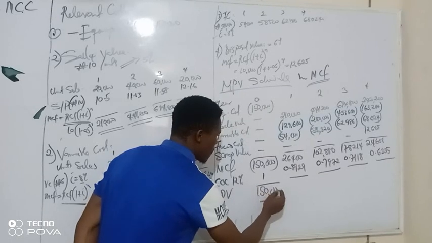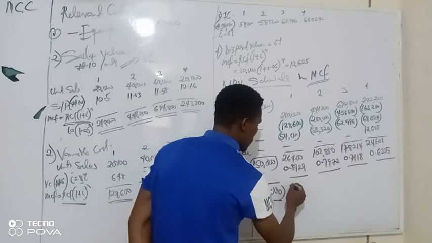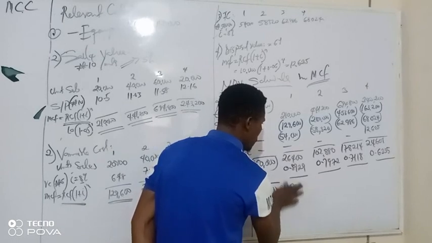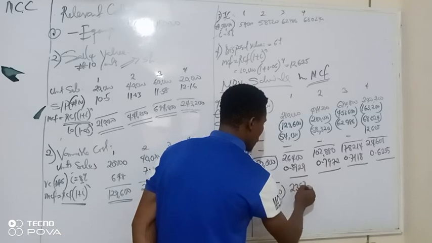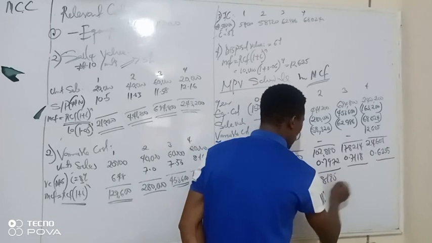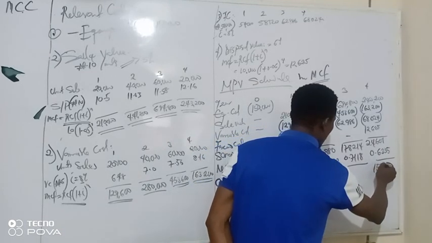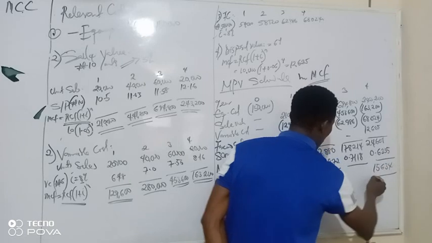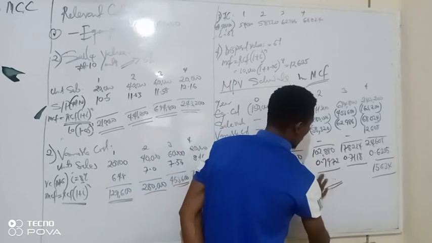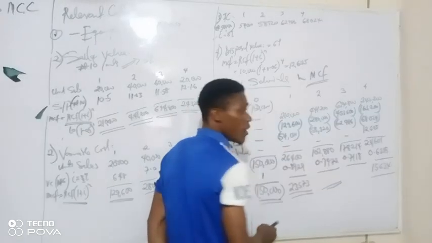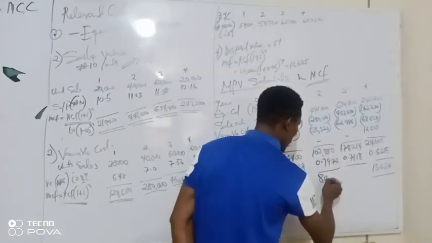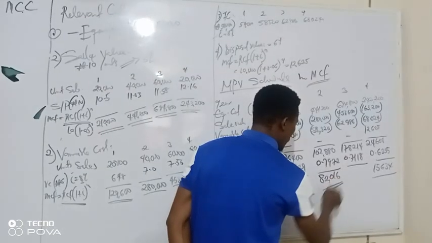So by that we multiply with our present value now. 150,000 for year 0. Year 1, 23,573. Last one, 15,634. Year 2 is 82,016.